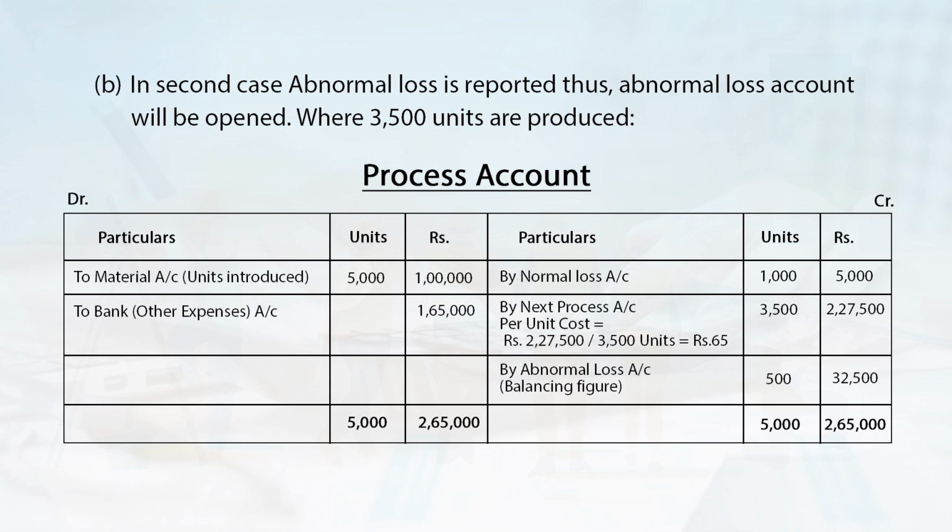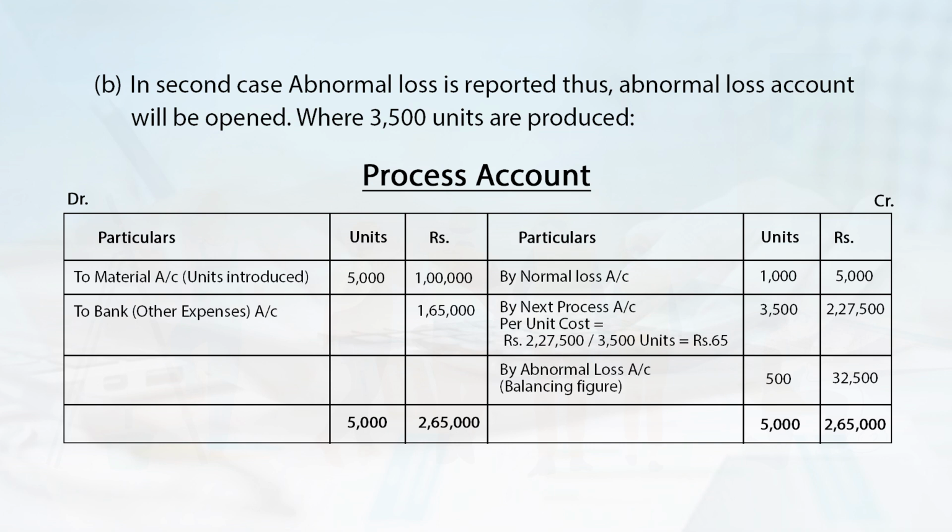On credit side, as usual, our first entry is for normal loss. So, by normal loss account 1000 units, amount is 5000 rupees, and by next process account units transferred are 3500 units and its value comes to rupees 2,27,500, and per unit cost is rupees 2,27,500 divided by 3500, which is equal to rupees 65.